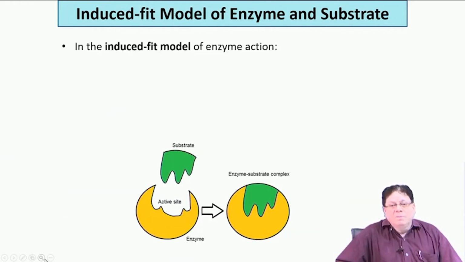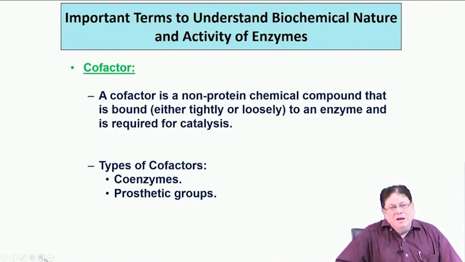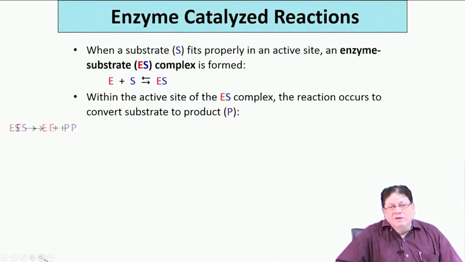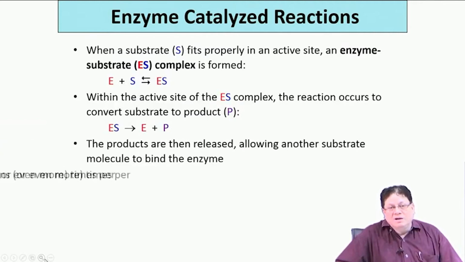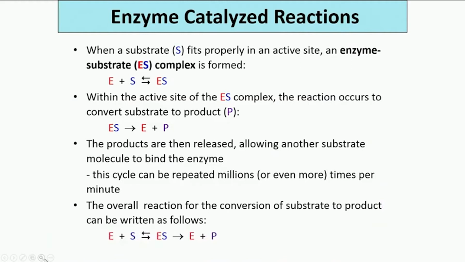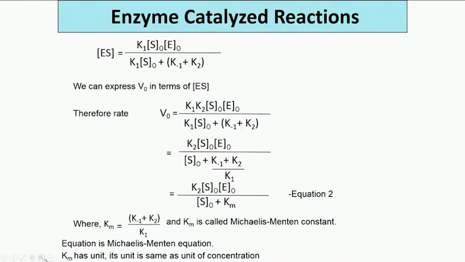We were discussing the different classes of enzymes, and there are six groups: oxidoreductase, then transferase, hydrolase, lyase, isomerase, and followed by ligase.